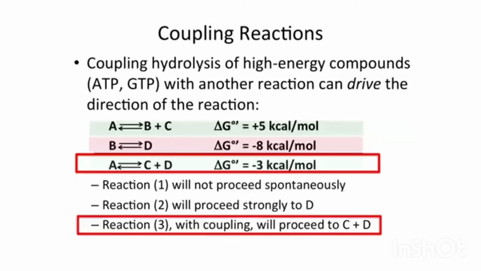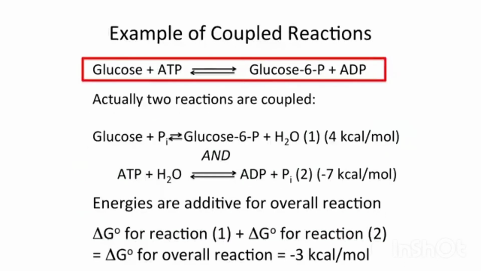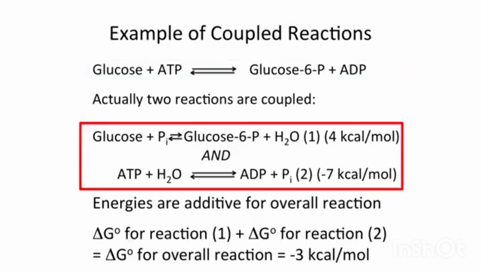And this is the kind of coupling that occurs in biological systems and often in enzyme complexes, as we'll see shortly. So here's an example. The overall reaction is glucose plus ATP goes to glucose 6-phosphate plus ADP. Actually, this is two different reactions. One is glucose plus phosphate goes to glucose 6-phosphate plus water. That is an energy requiring reaction.